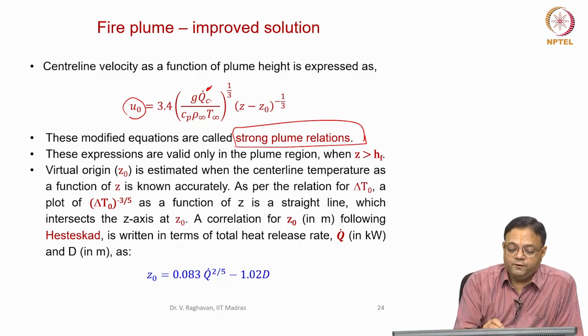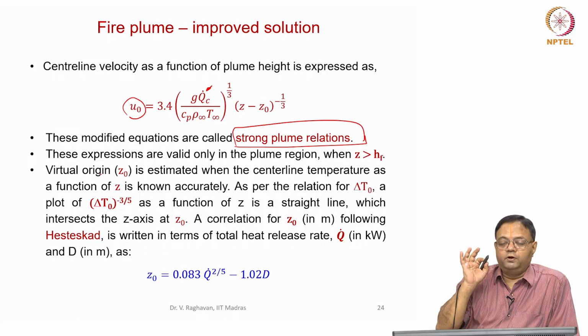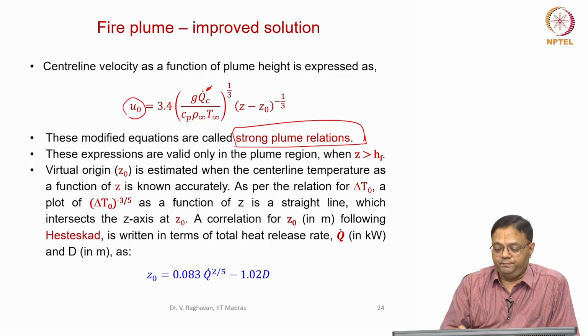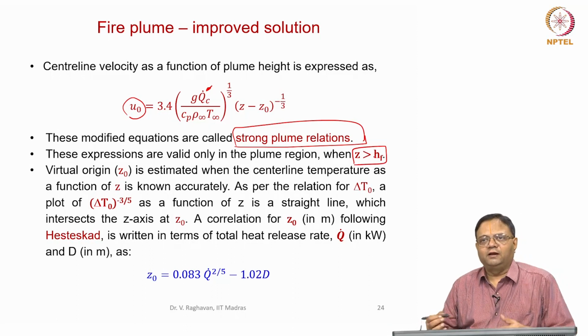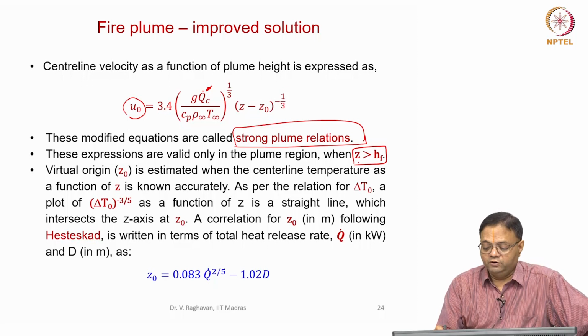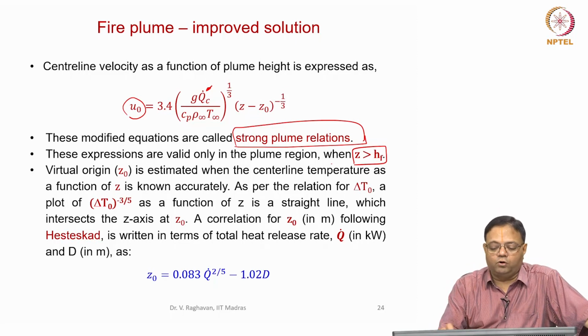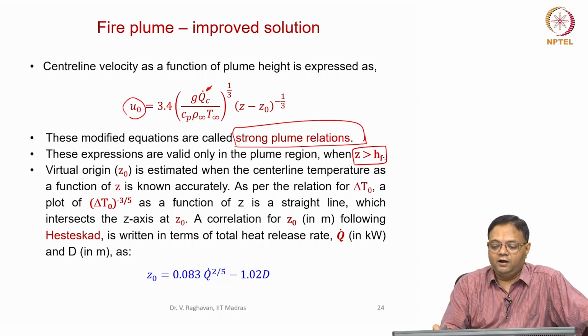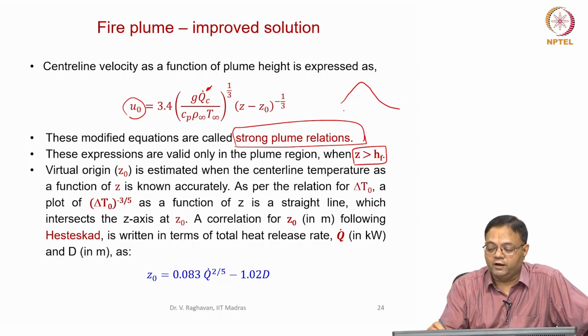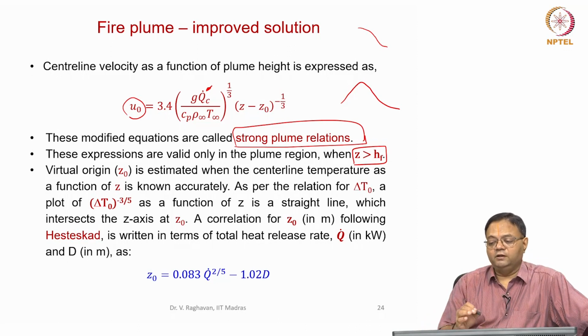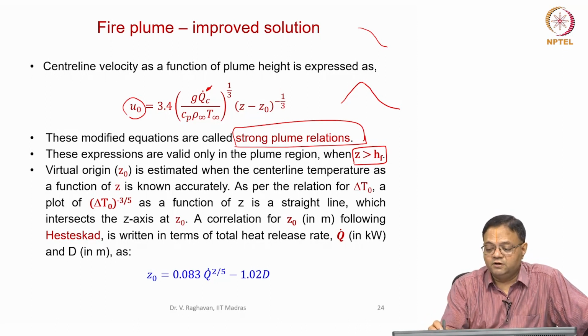Now one more thing: we are considering a pure plume region. That means z is much higher than, at least 2 times higher than, HF. Within the flame zone, none of this will be valid, because there will be a strong temperature gradient, as opposed to the weak gradient in the plume zone. The temperature gradient will be like this in the flame zone, but in the plume zone it is like this, weaker.